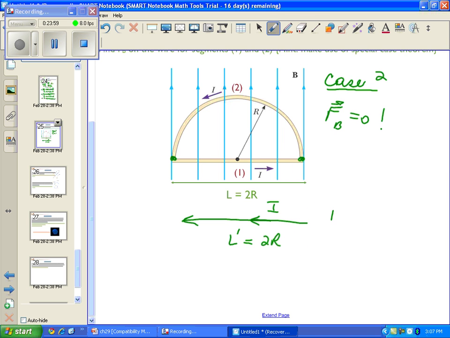The magnetic field is upward, which is the positive j hat direction. The current is to the left, which is the minus I hat direction.